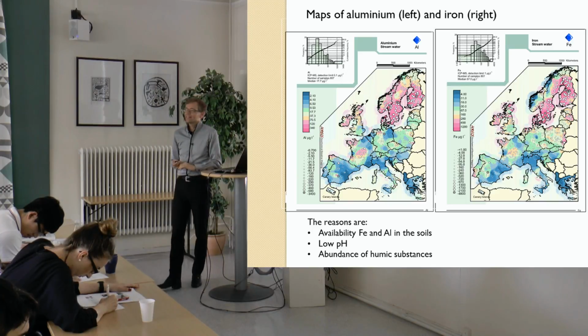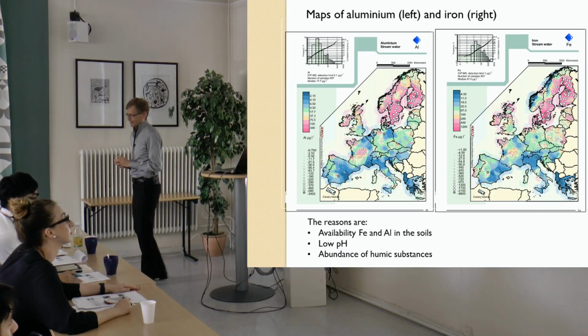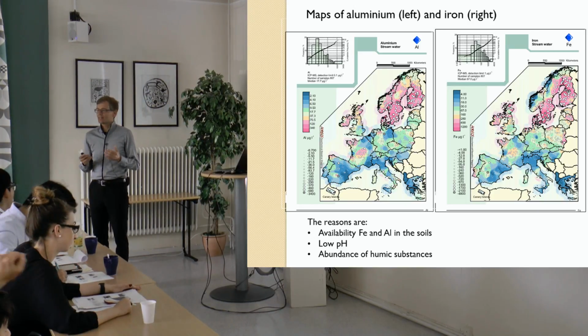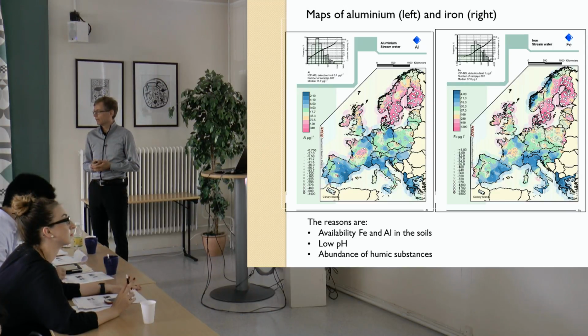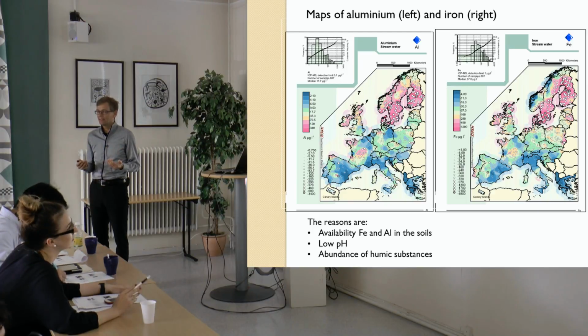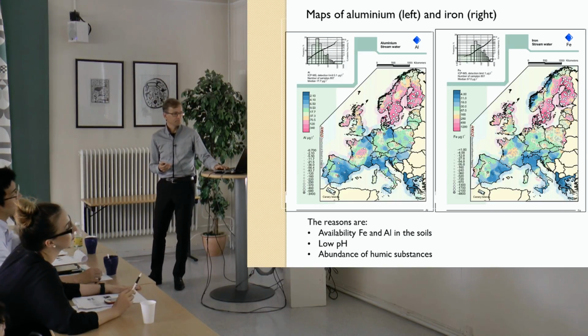So why is this? The reasons are, in any area where there is granitic bedrock and soils that develop from it, there is quite a lot of iron and aluminium in the soils. So it's about availability. These metals occur in the soils. But that is not enough.